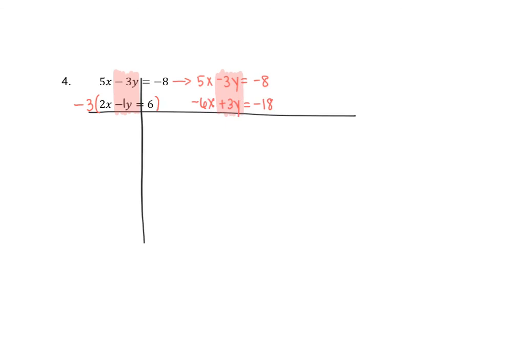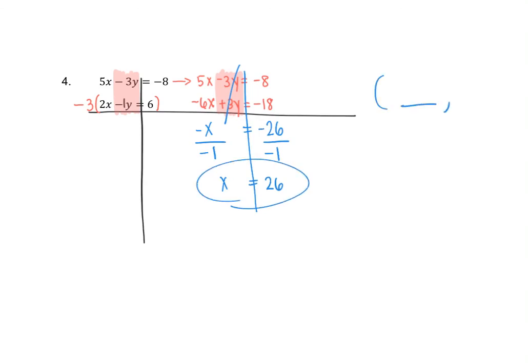Yes, we did. Those zero out. I get negative x when I combine those. And I get negative 26 when I combine the constants. I'm going to divide by negative 1 to get my x back to being a positive. So x equals 26. Bigger answer than we're used to, but that's okay. It's still valid.